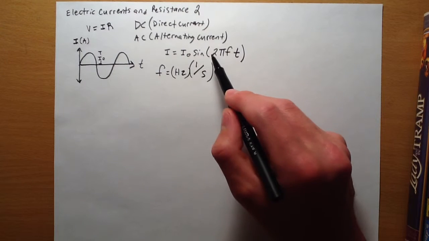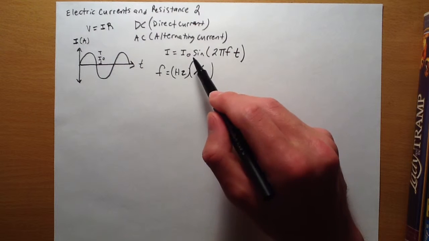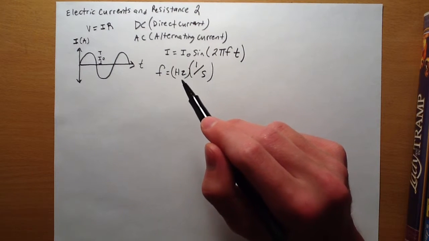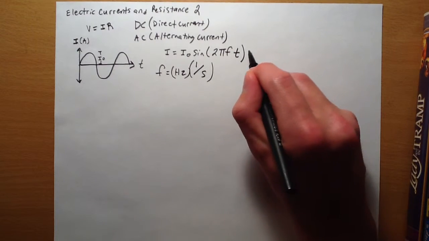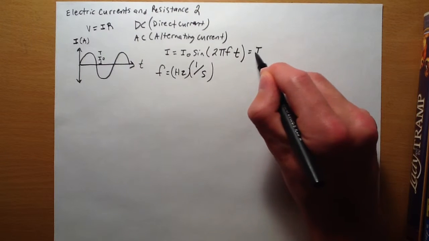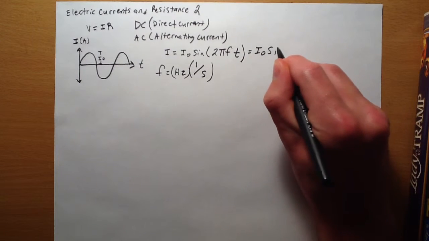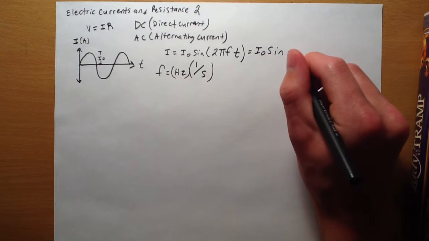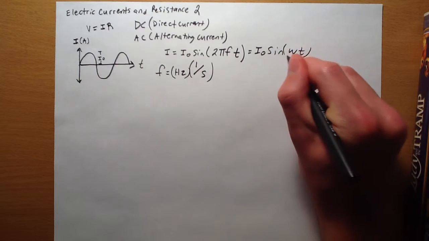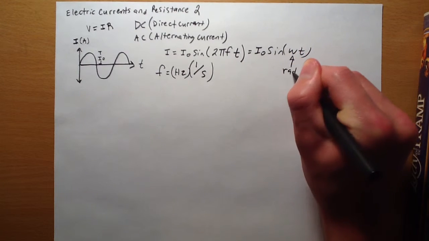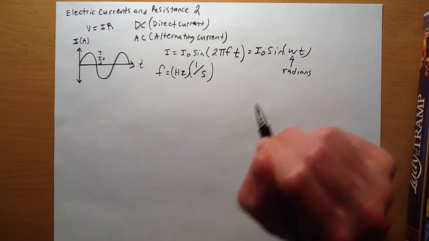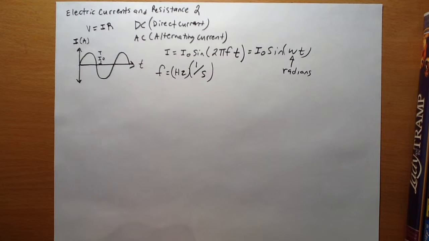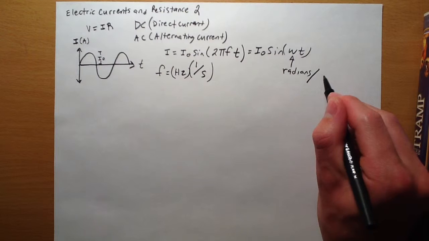And to use this equation to plug into sine, we need radians. So we could say that this equation instead was I naught sine of omega t, omega being radians of the frequency. Radians per second.